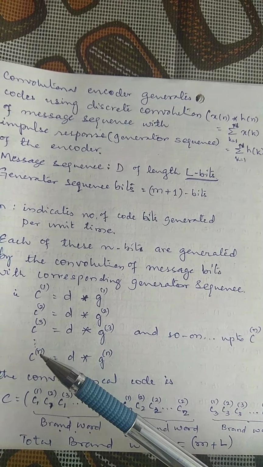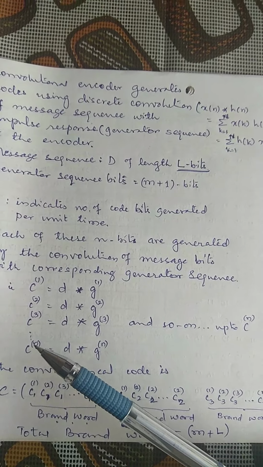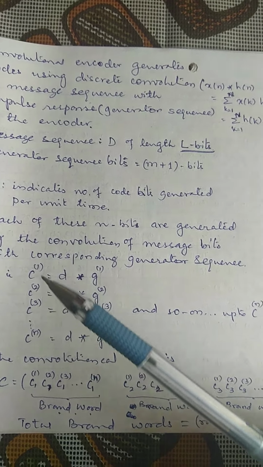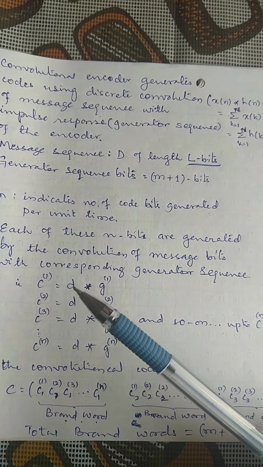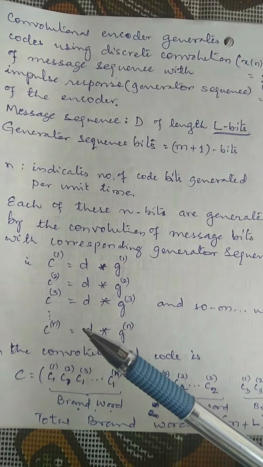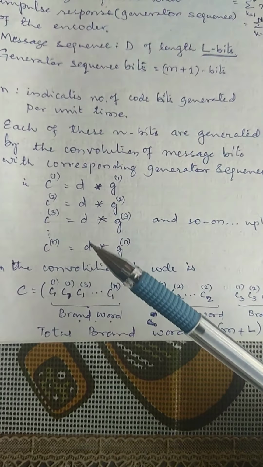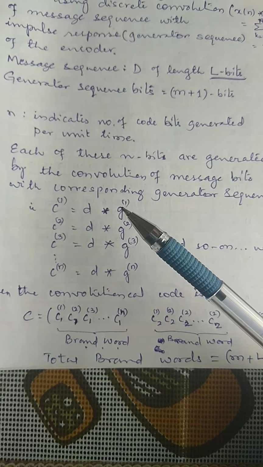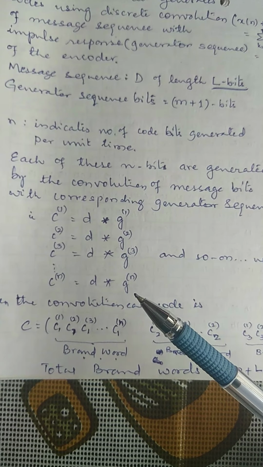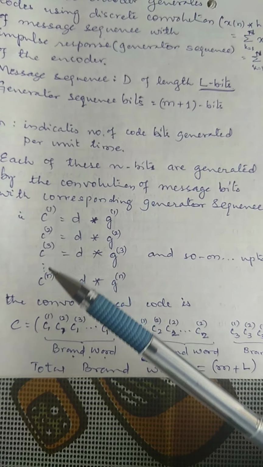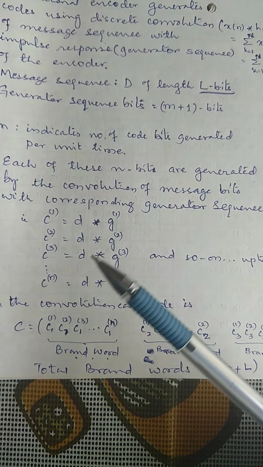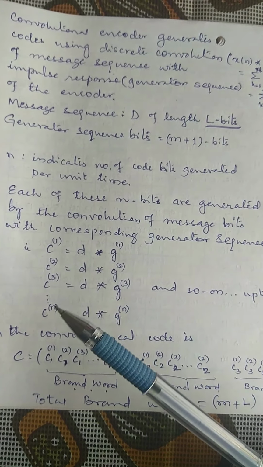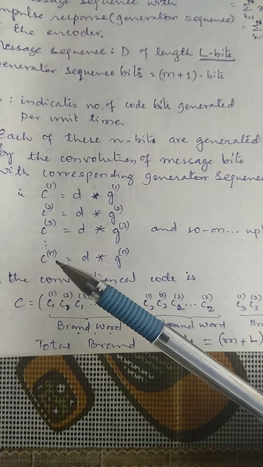to generate the corresponding outputs. And when the commutator operates, all these n bits are generated for the message bit inputted. Likewise, message bits are inputted to the encoder per unit time, and they are convolved with the corresponding generator sequence, and the code bits are generated, and when the commutator is operated, these n bits are sent on the channel.